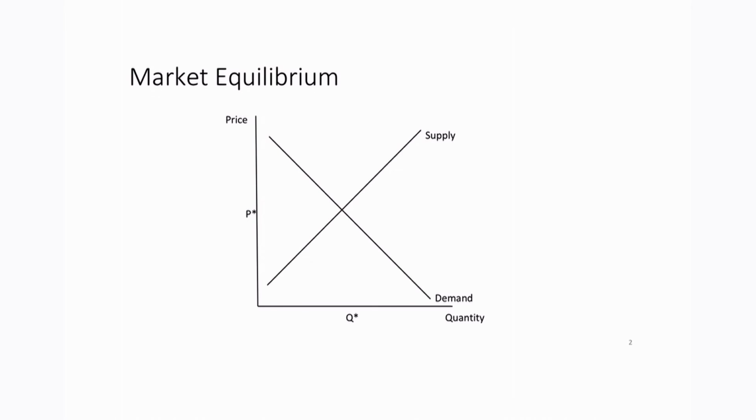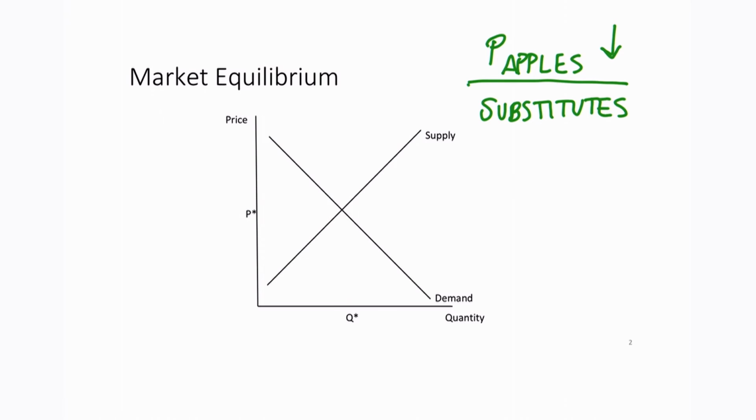Now, let's consider this second example. What happens if the price of apples falls? Remember, apples and oranges are considered substitutes. So a change in the price of a related good, such as apples, is going to affect the orange market.